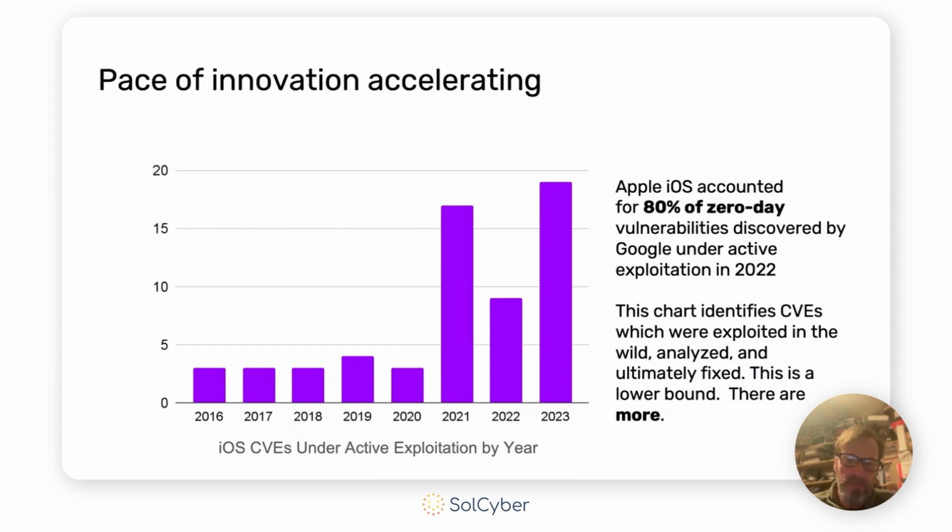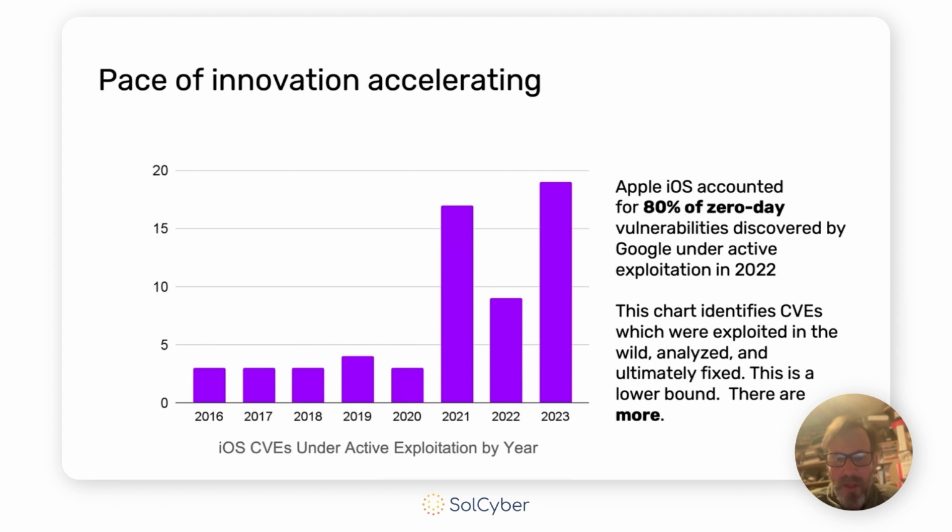Now this came from Google. They've actually published a newer report very recently that has the 2024 numbers in there. And Apple iOS accounted for 80% of zero-day vulnerabilities discovered by Google under active exploitation in 2022. 80%. So we all know the tens or it could be hundreds of thousands of CVEs that are generated.